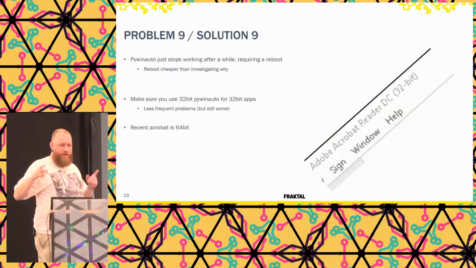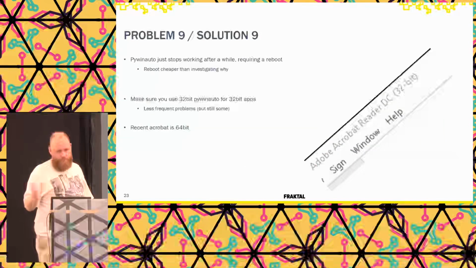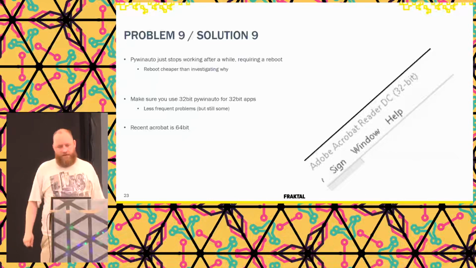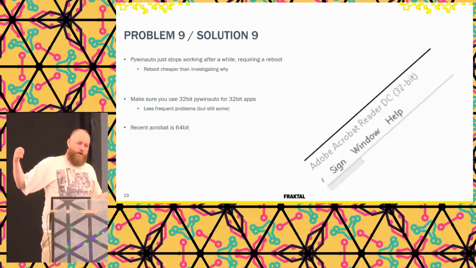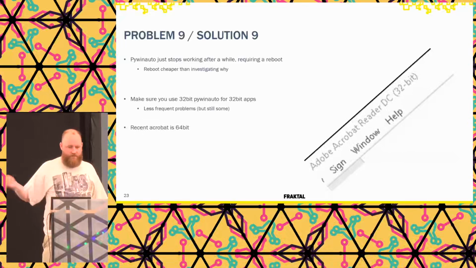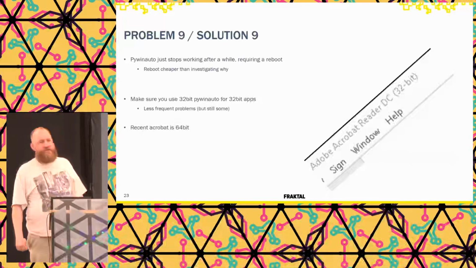Yes, next problem. PyWinAuto Windows GUI automation stops working after a while. I don't know if some handles are leaking or something. Just reboot the machine. I mean, rebooting wastes 15 seconds of your fuzzing runtime, and trying to investigate why it fails, well, that you can waste days on it, right?